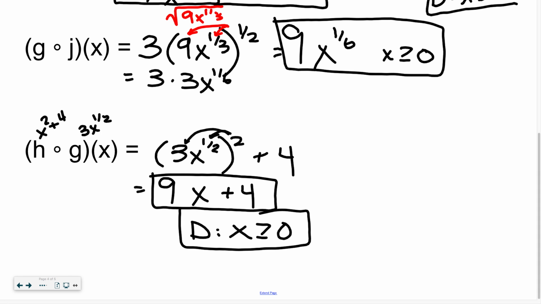If you square an even root or raise a fourth root to the fourth, it's going to look like it's linear, like it should be all real numbers. But you have to remember that you have to be able to calculate, in this case, g, in order to plug it in for h. So you have to limit it to the inside function's domain. That can be tricky.